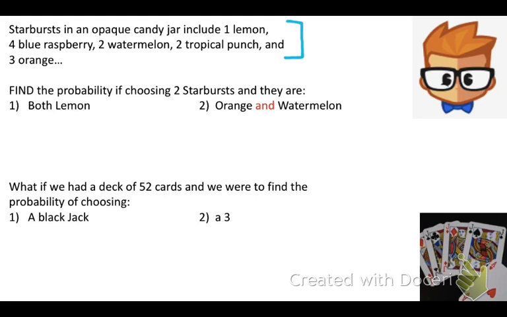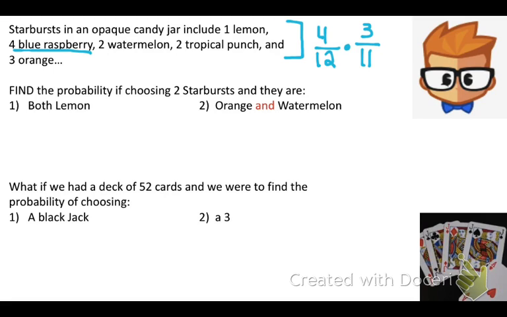We have 4 blue raspberry, there's a total of 12. We said we're multiplying. Now we're down by 1 Starburst because we didn't replace it, we took it out. And now, because we had 4 blue raspberry, now there's going to be 3.